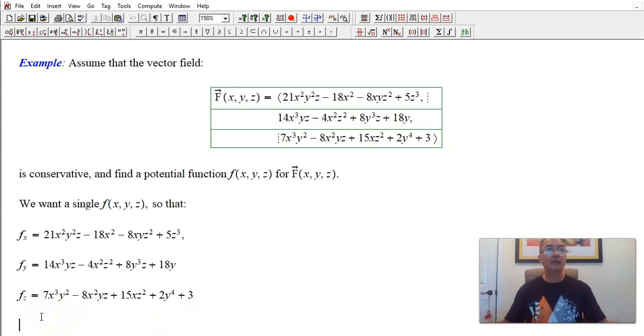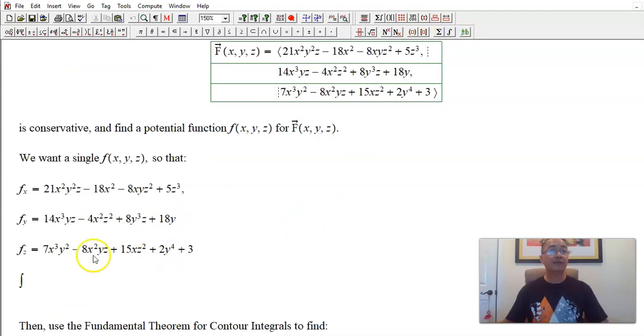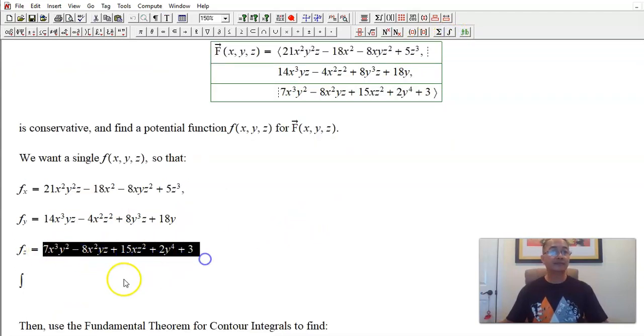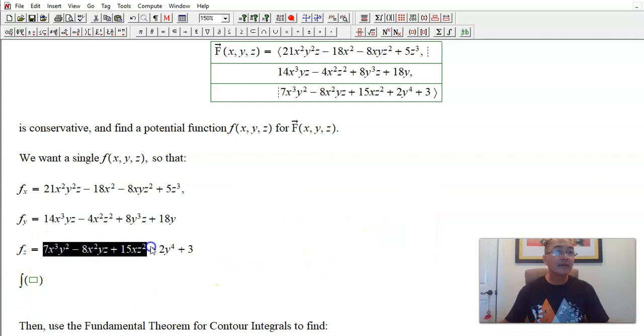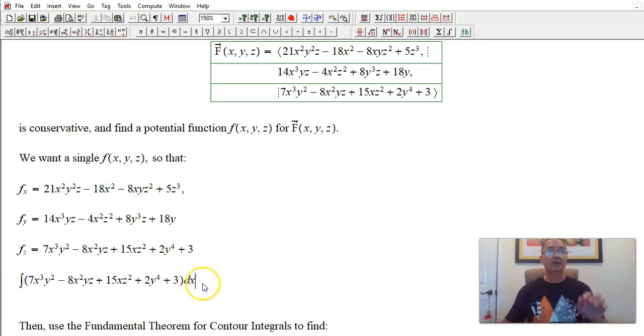So let's write that as the antiderivative of this, with respect to z, must be our f.